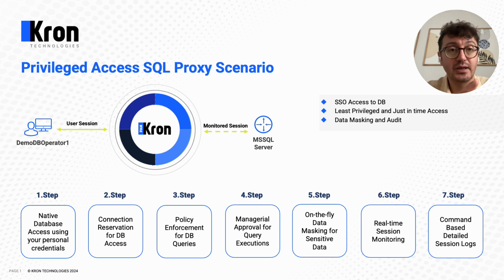So before executing a command or a query, we need to get approval from a manager. We'll also see on-the-fly data masking functionalities and some features which are really critical for sensitive information that you have in your databases. I didn't touch that part in this video, but we also have sensitive data discovery and vulnerability assessment.